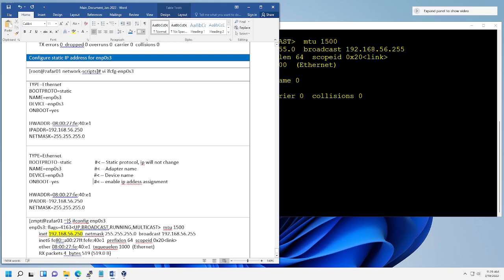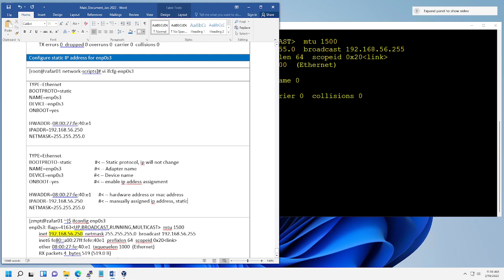Now this is the MAC address. Hardware or MAC address. And here is the manually assigned IP address. Okay, this is static.